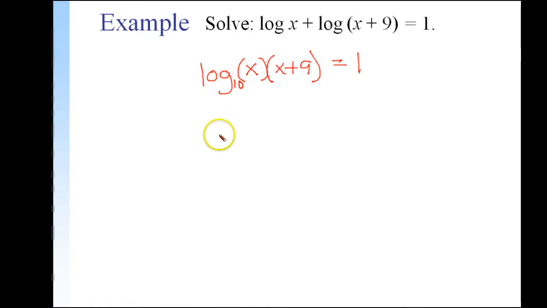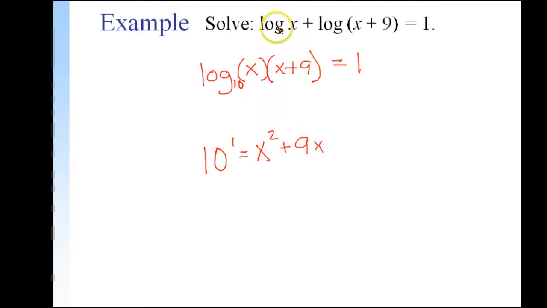So we're going to say our base is 10, our exponent is 1, and that will equal our answer, which I'm going to multiply now, x squared plus 9x.